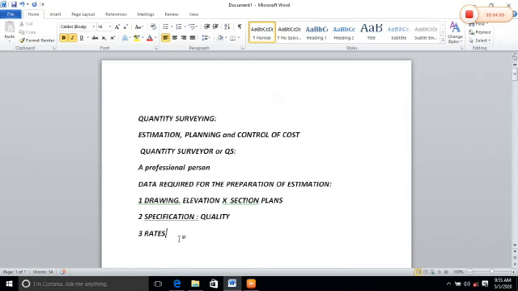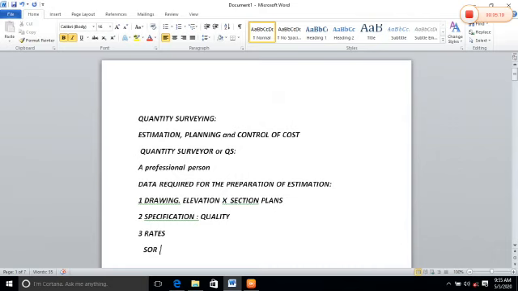Number third one is rates. Rates are mostly taken from SOR, schedule of rates, from different departments.